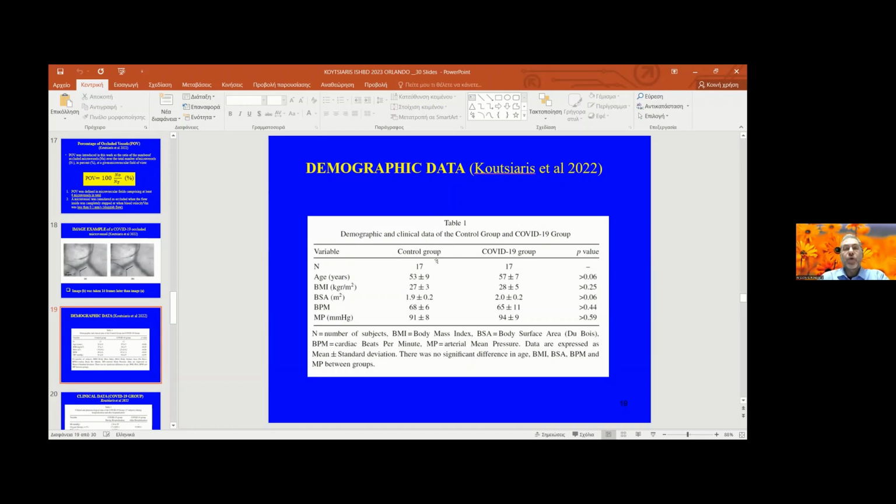And now I'm going to show you some information regarding our groups. The first group was our control group. The second group was the COVID-19 group. As you can see, the variables of age, body mass index, body surface area, beats per minute, and mean pressure are all approximately the same. There is no statistically important difference.